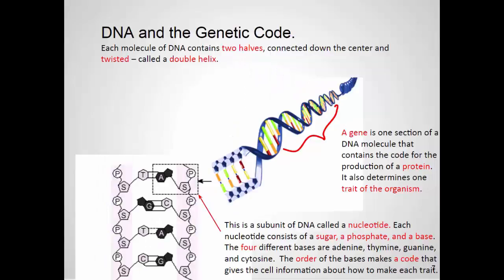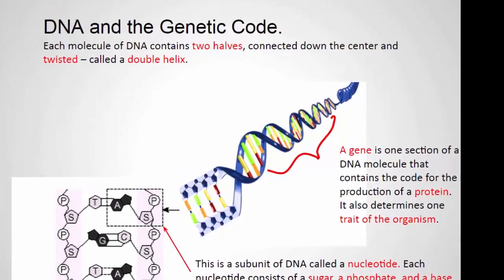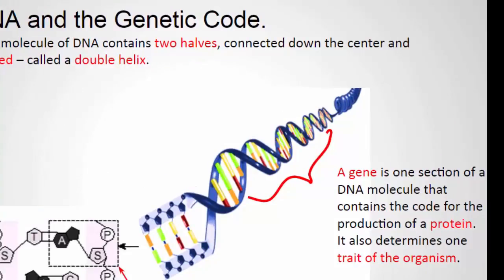If we keep unraveling this chromosome into its chromatin, and then zoom in and unwind the chromatin so that we look at the DNA, we'll see that DNA has a peculiar shape. It has two halves that are connected down the center in a twisted ladder shape. We call that a double helix. As I mentioned earlier, DNA is a super long molecule with huge books worth of information in it.